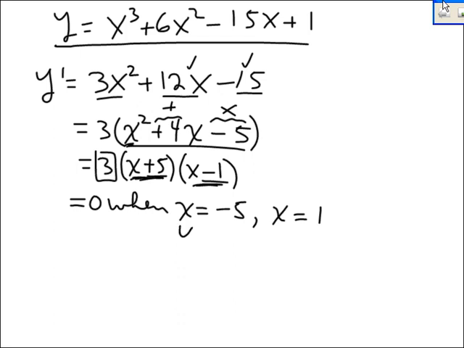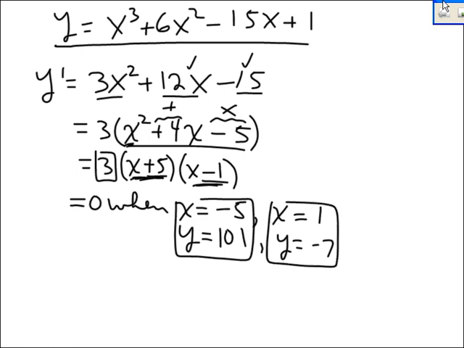It turns out that the y value is 101 when x is negative 5, and when x is 1, negative 14, negative 13, negative 7. So we have 2 points, negative 5, 101, and 1, negative 7.